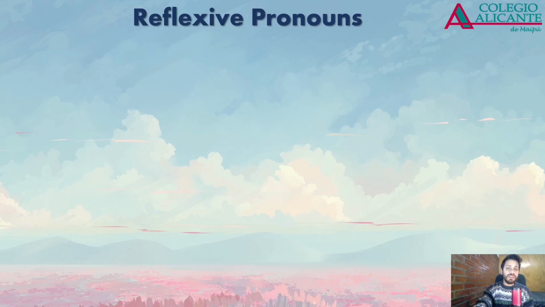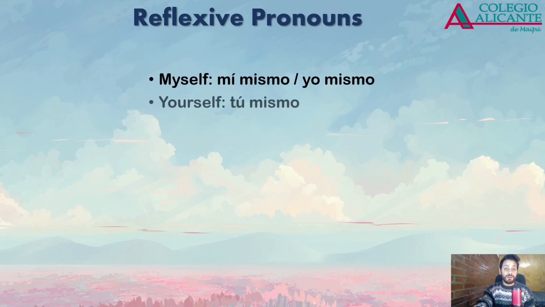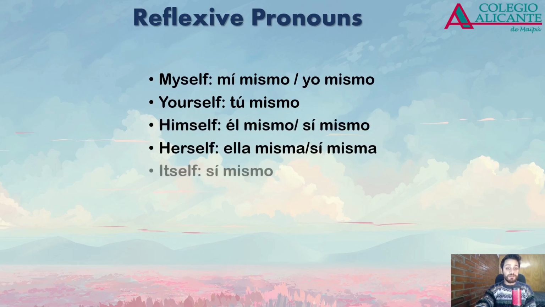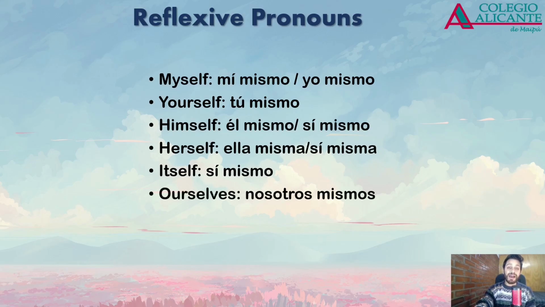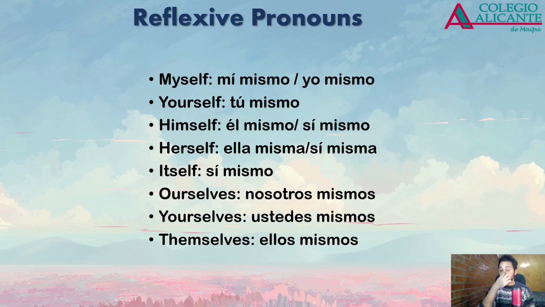So, how many of these reflexive pronouns are there? Well, we have a list: myself, yourself, himself, herself, itself, ourselves, yourselves, and themselves. Have a look at yourself at the top and yourselves at the bottom.